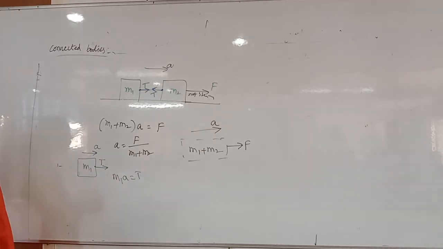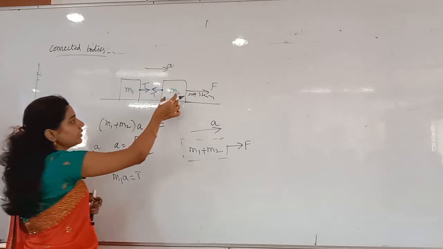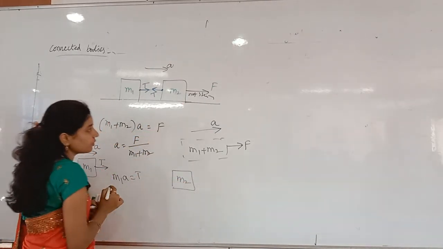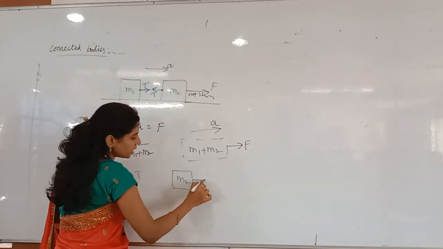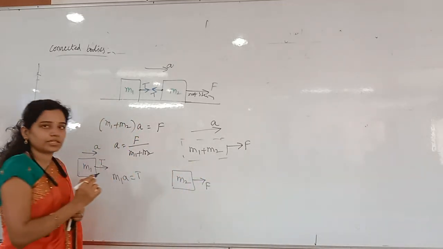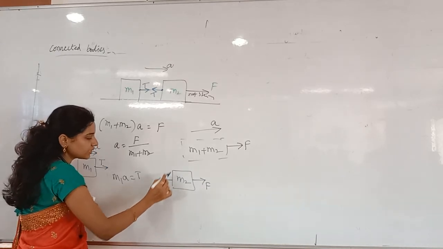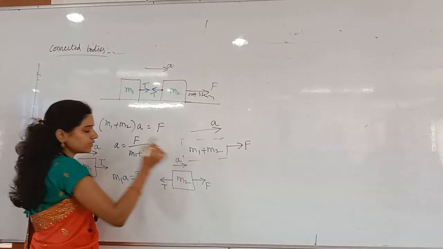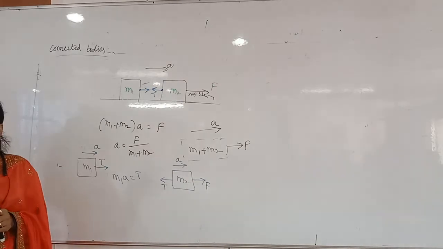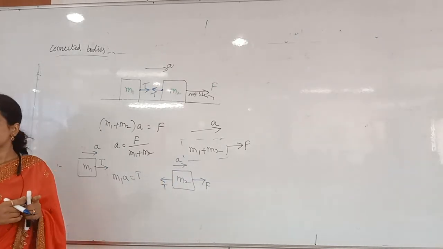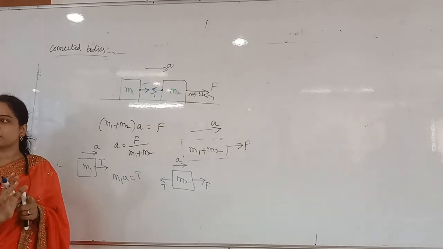Or if I want to take the free body diagram of m2, then on m2 one outward force is acting, that is the external force, and another, the tension, is acting in the opposite direction, with acceleration a. Whenever I give numericals, both will give the same answer. While doing the numerical problems you can understand that.